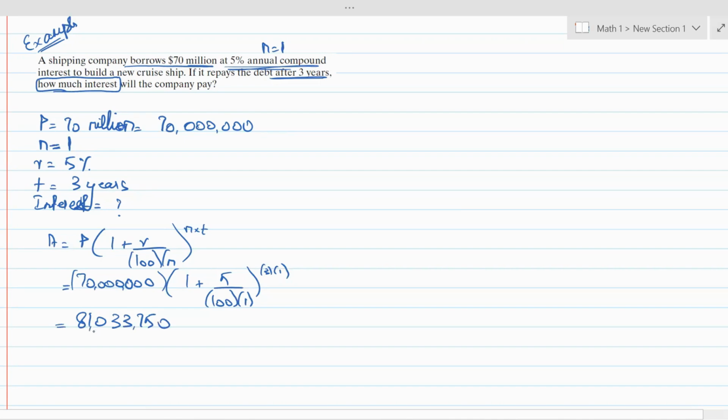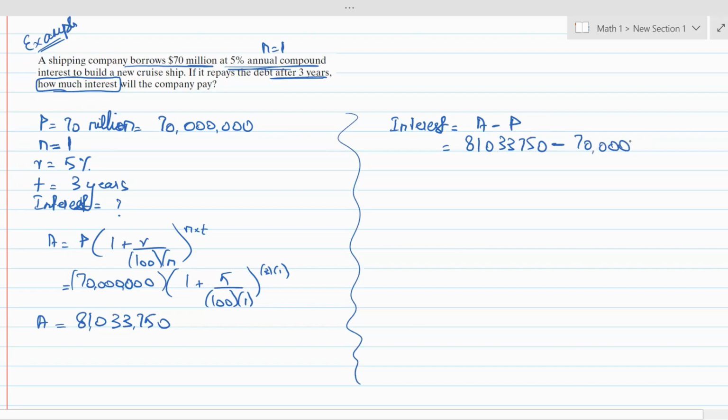Okay, so this is the total amount, but we are interested in only finding the interest. So interest is the difference between the total compounded amount and the principal. Total compounded amount is 81,033,750 minus the principal, which is 70,000,000.